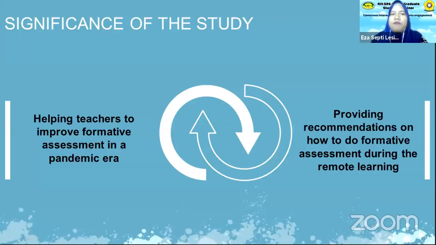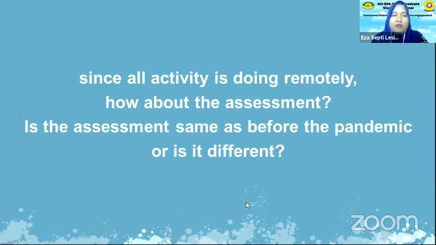So the significance of this study is helping teachers to improve the formative assessment and providing recommendations on how to do formative assessment during remote teaching. Now, since all activity is done remotely, how about the assessment? Is the assessment the same as before the pandemic or is it different?